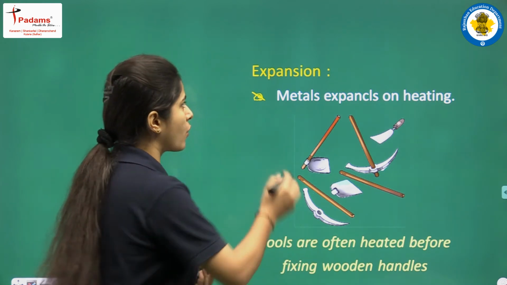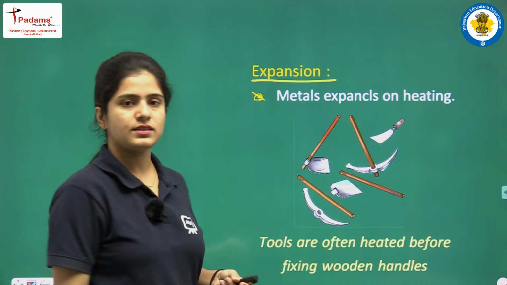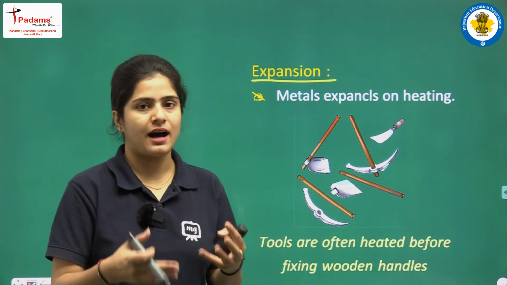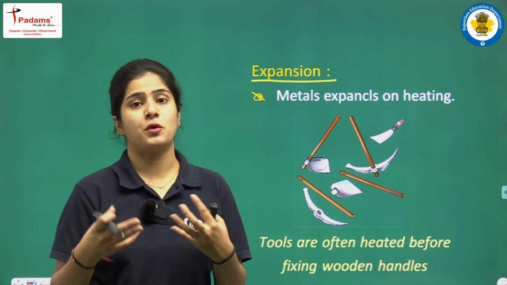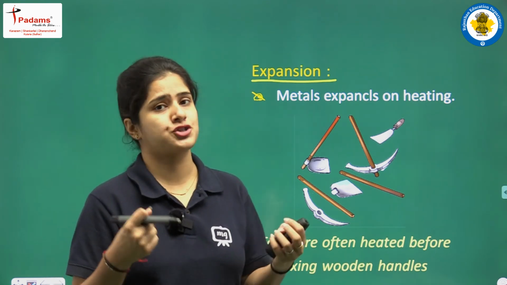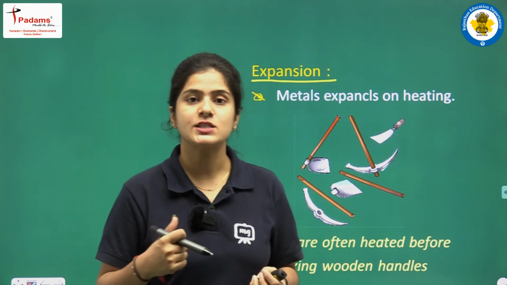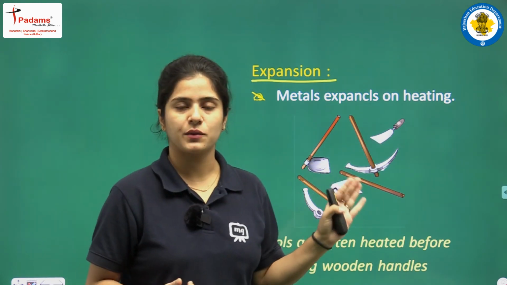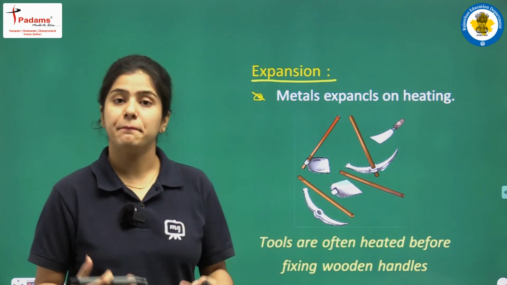For example, you must have seen while we are digging up the soil to plant a tree, or if we want to have some sort of herbs or shrubs in the soil, we dig that soil up with the help of instruments like this. How are these instruments made students?